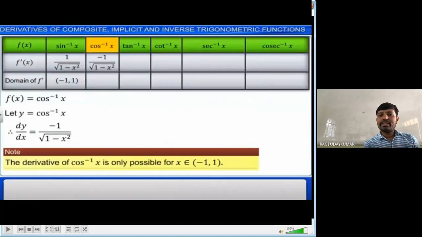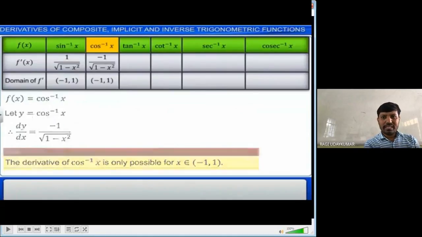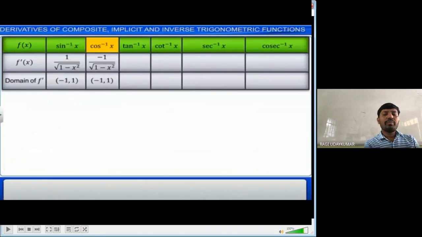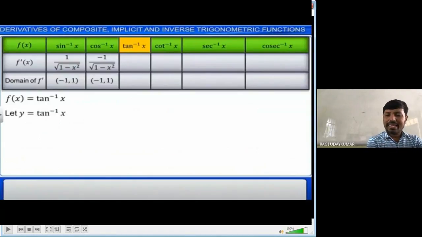Here the domain is whatever domain is given for the function, and we work in that domain only. So y equals tan inverse x, so x equals tan y, you can write.